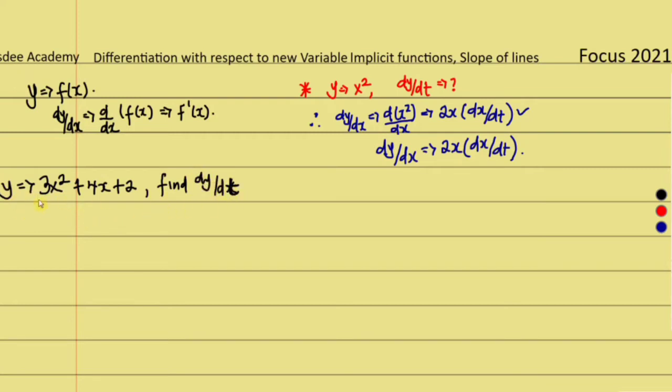So all you need to do here is the direct solution from what I've explained. Just differentiate what you have in terms of x. The derivative here is 6x plus 4, multiplied by what? dx over dt. So this is the way we analyze changing to new variable.